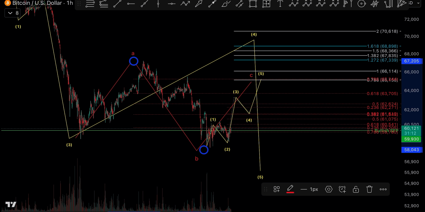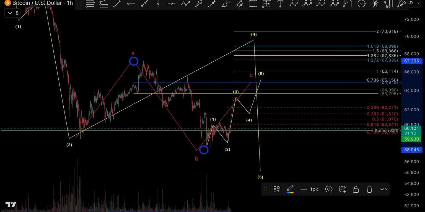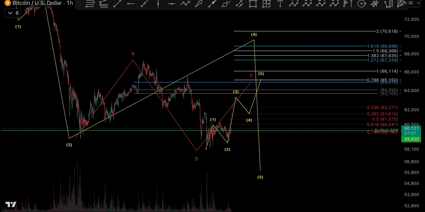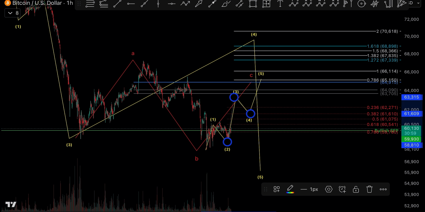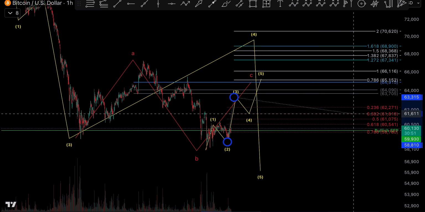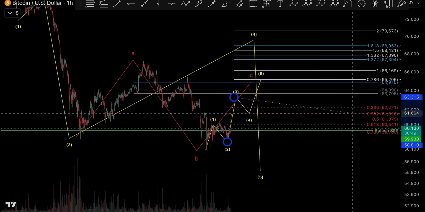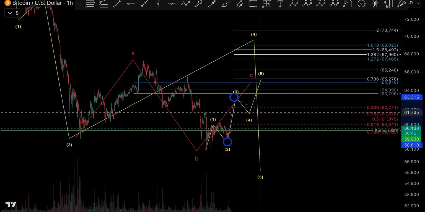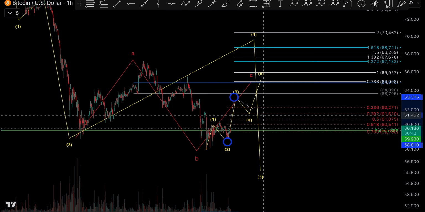So if we use this tool and we are using this long and short zone, and that confluence is exactly lining up towards that .786 zone. Again, I'm going to talk about this fib retracement, extension tool. That is, if we use this .236 or .382 zone as a potential fourth wave retracement, then the target is slightly higher.